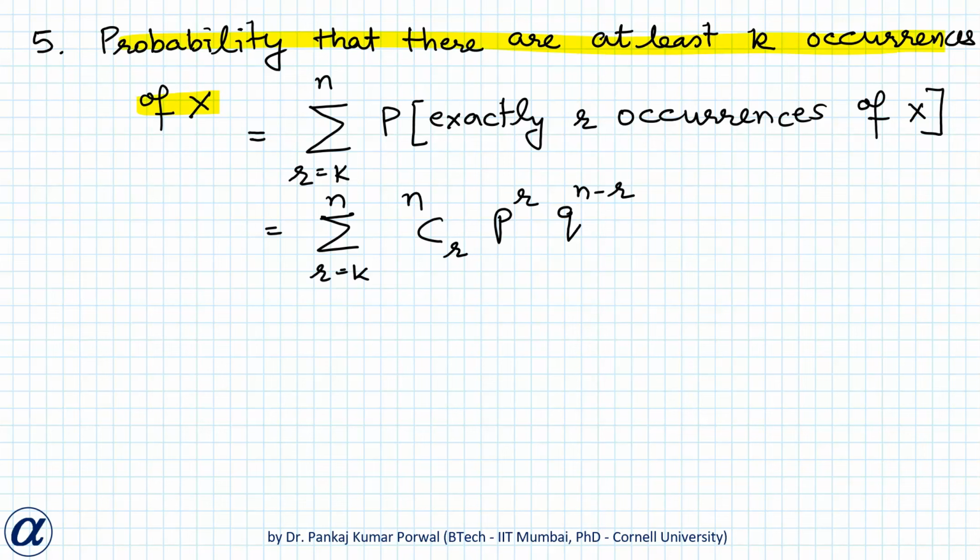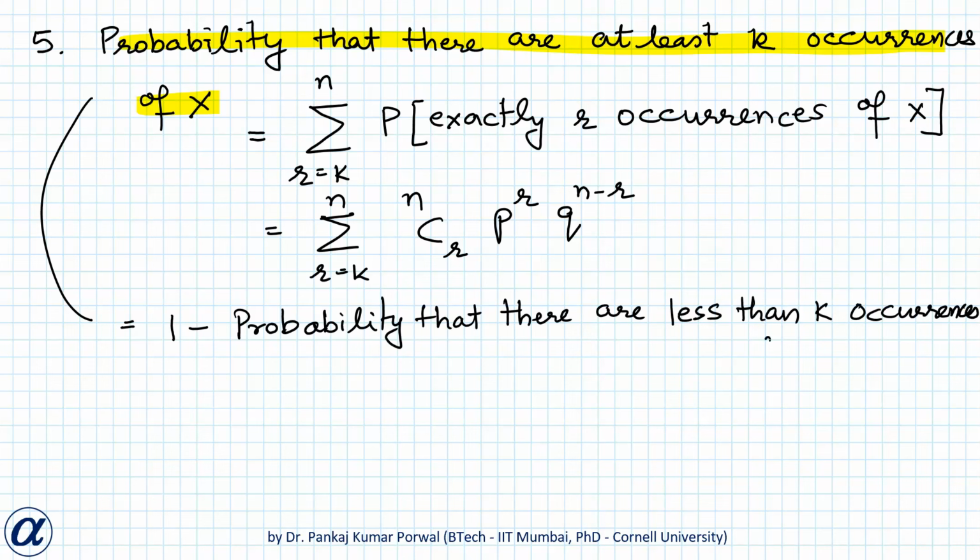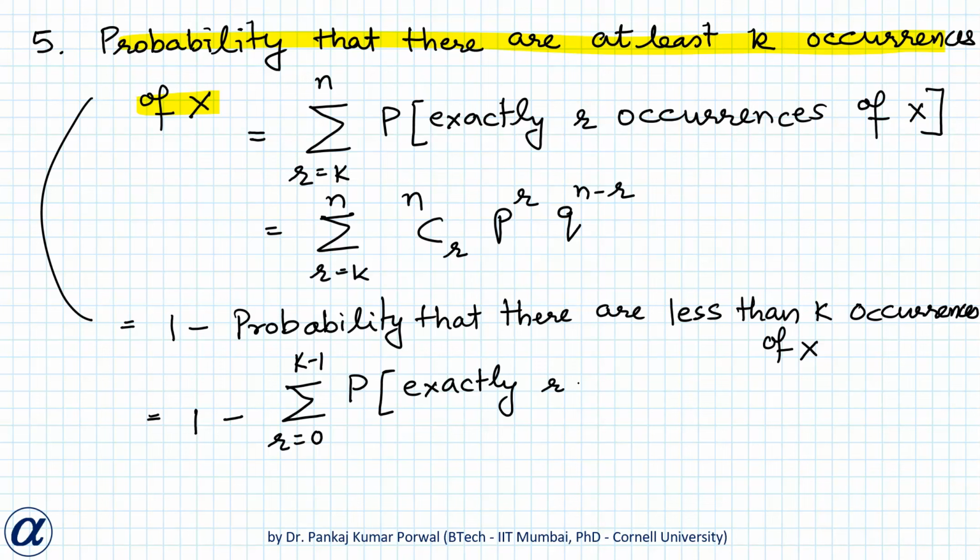Now there is another way of writing this probability, and that is in terms of the complement of the given event. That will be equal to 1 minus the probability of less than k occurrences of x, and that again we can write as the sum from r equals 0 to k minus 1 of the probability of exactly r occurrences of x.